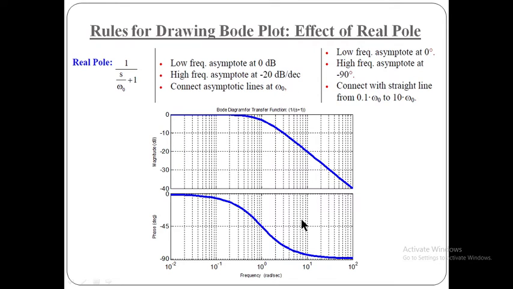Here you can see the low frequency is 0 and the high frequency is minus 20 decibels. Then the low frequency asymptote is at 0 degree and the high frequency asymptote is at minus 90 degrees. In this case we get the Bode plot like this.